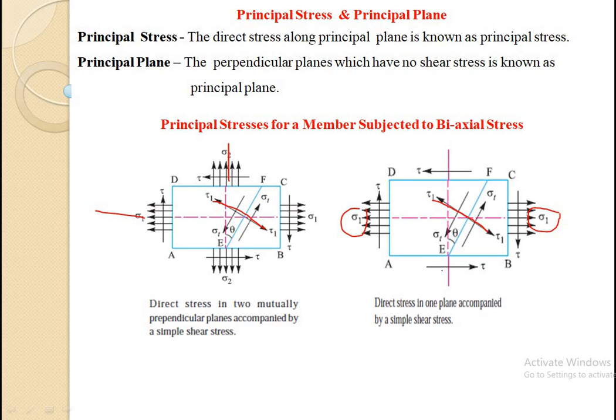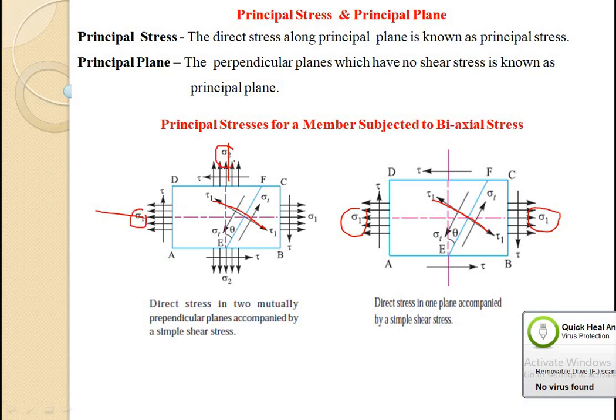Now consider a rectangular body ABCD of uniform cross-sectional area and unit thickness. This body is subjected to the two normal stresses, sigma 1 and sigma 2.